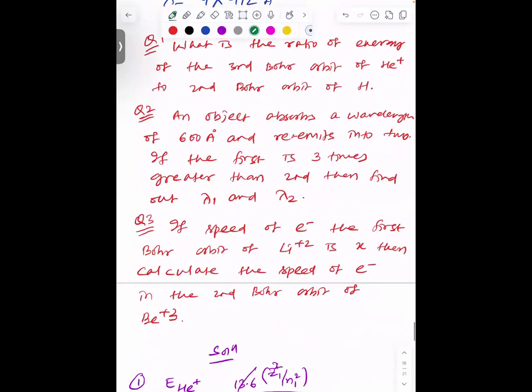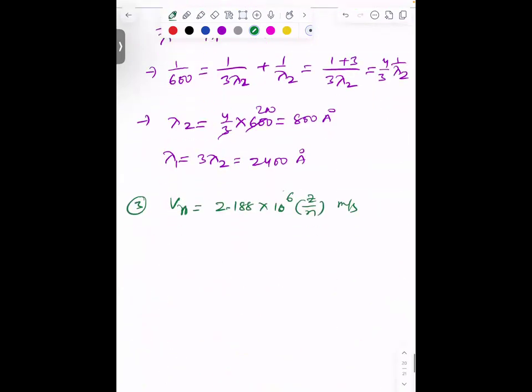It is given that the speed of electron in the first Bohr orbit of lithium is x. So first Bohr orbit, n equal to 1 and Z equal to 3 for lithium. So V1 is 2.188 into 10 to the 6 into 3, that is equal to x.